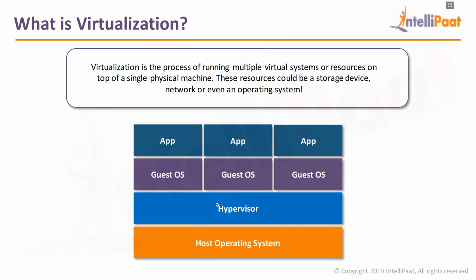This hypervisor allows us to virtualize the hardware available on our physical machine, and then we can install multiple operating systems and run multiple applications on each of them. It is quite beneficial that you run one physical server and then run multiple virtual machines. That is happening because of virtualization.